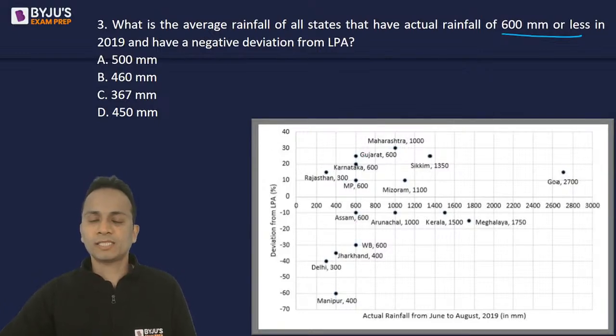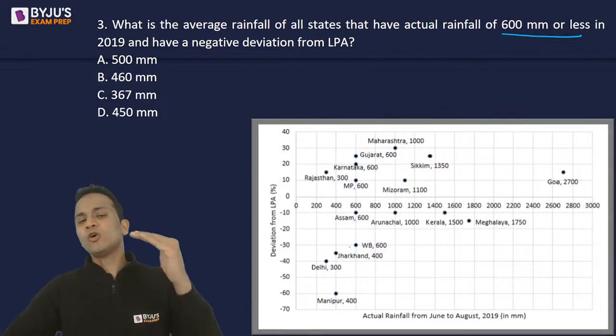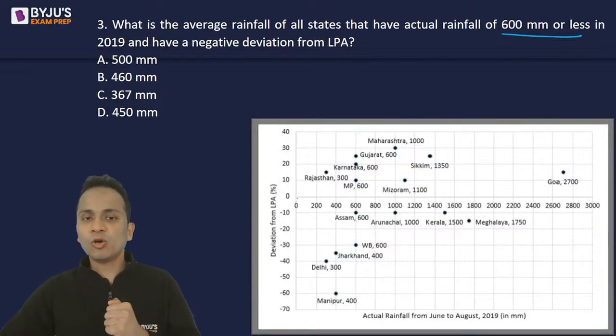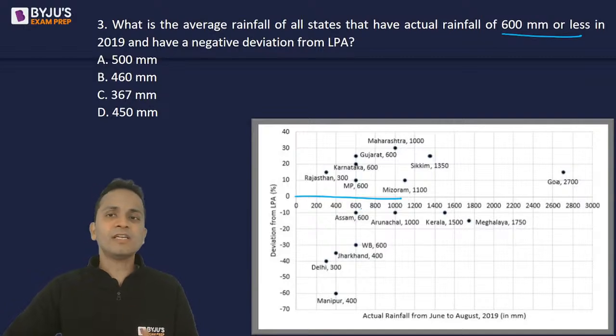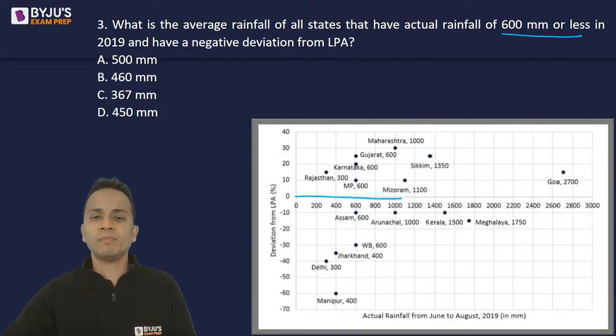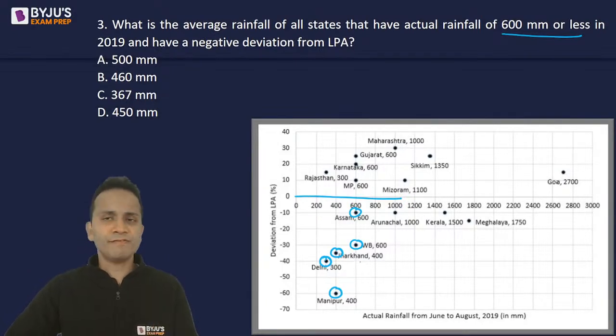So I'll look below this line for states having actual rainfall of 600 mm or less. So it will be Assam, West Bengal, Jharkhand, Delhi, and Manipur. All these states have a negative deviation and the rainfall is 600 mm or less.